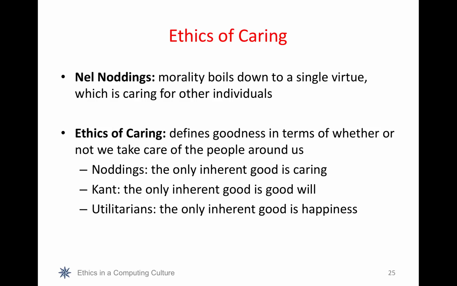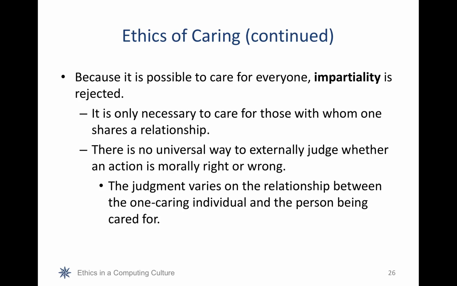Noddings, rather than looking at the large system as a whole, focused on individual relationships, without regard for society as a whole. Noddings' ethics of caring also states that we need not concern ourselves with being caregivers for everyone. Rather, we should focus on caring for those we know and who have a relationship with us.